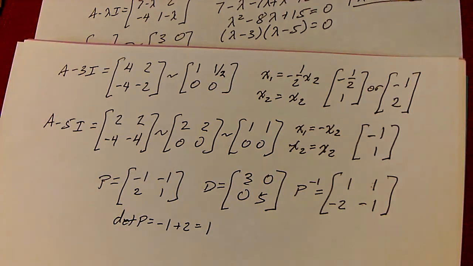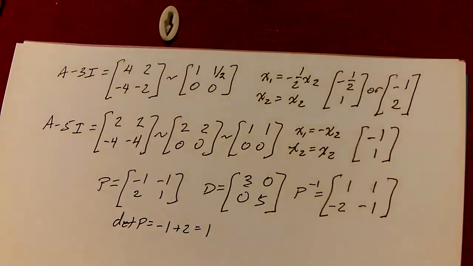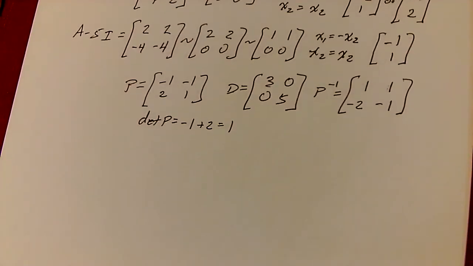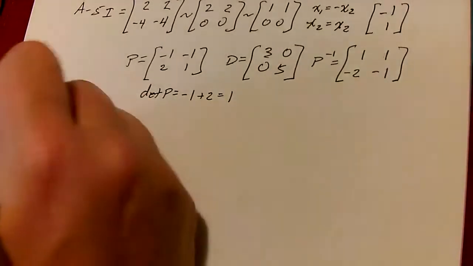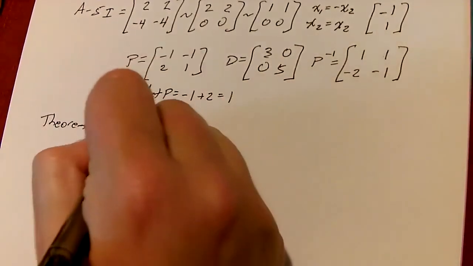But the important thing is you need the eigenvalues on the diagonal matrix and you need the eigenvectors to be your matrix P, okay? So let's look at a definition here. This is theorem 5, which is also called the diagonalization theorem.